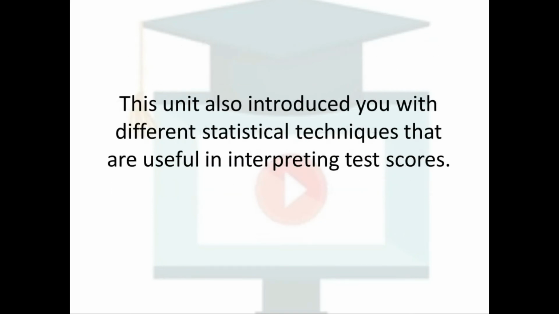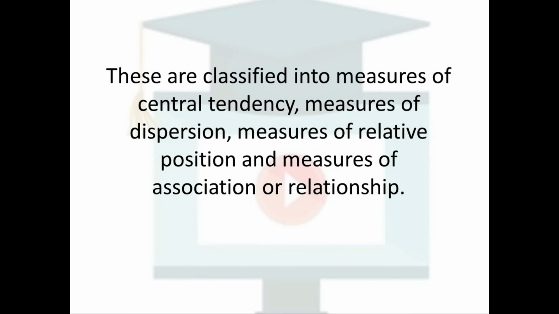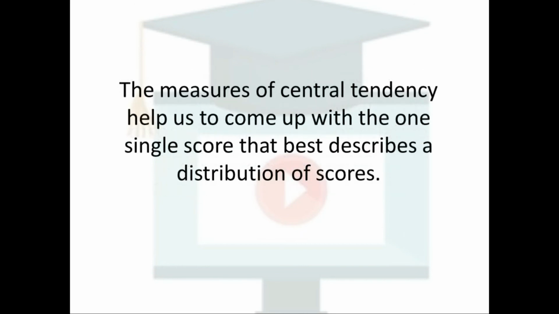This unit also introduced you to different statistical techniques that are useful in interpreting test scores. These are classified into measures of central tendency, measures of dispersion, measures of relative position, and measures of association or relationship. The measures of central tendency help us to come up with the one single score that best describes a distribution of scores.